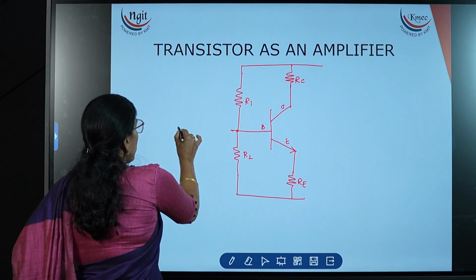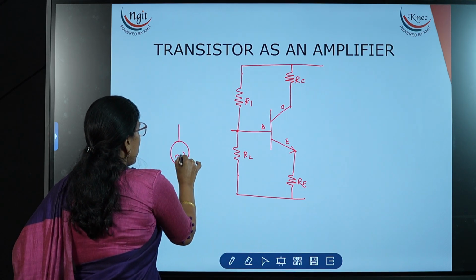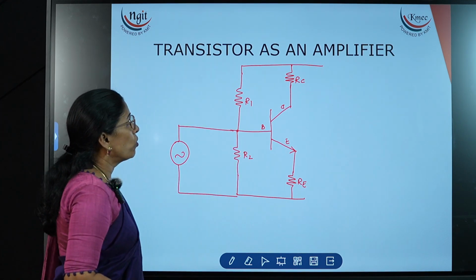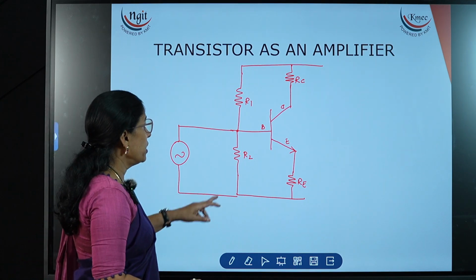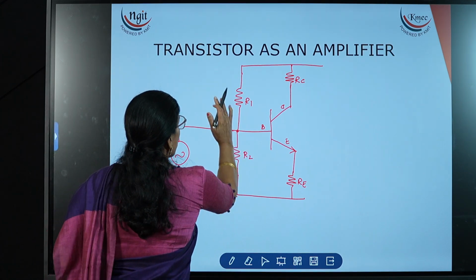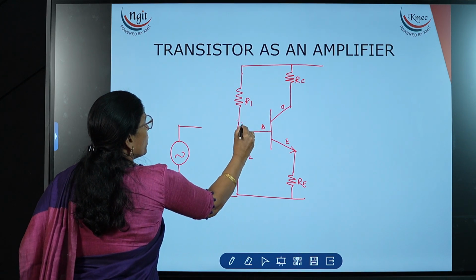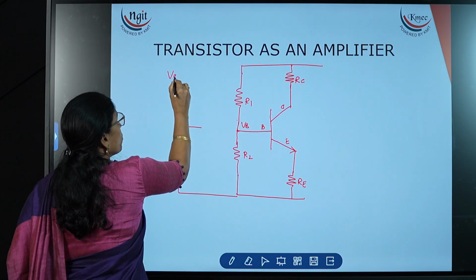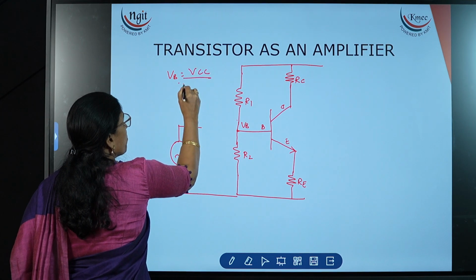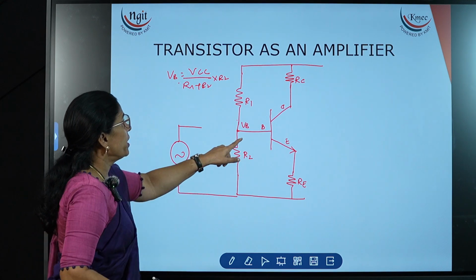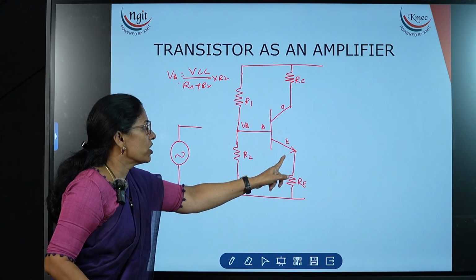Now if I connect the supply directly to this amplifier, then the DC current flows. In the voltage divider biasing, I have already explained that VB is equal to VCC divided by R1 plus R2, into R2. Here we provide the VB voltage to make this junction on.